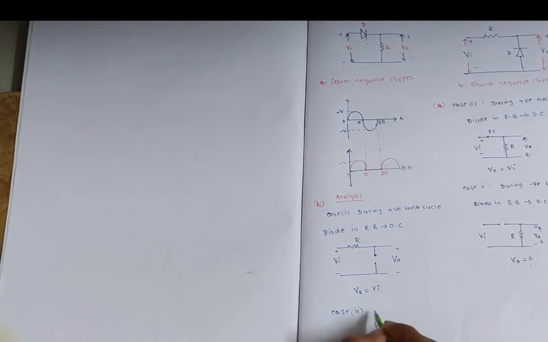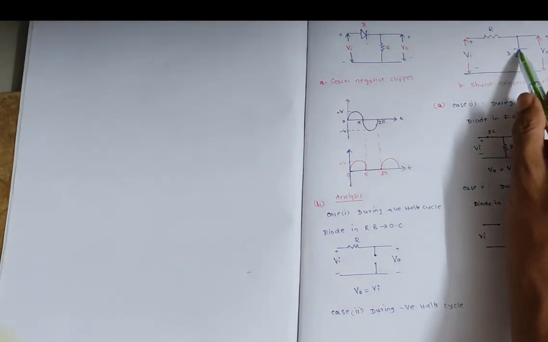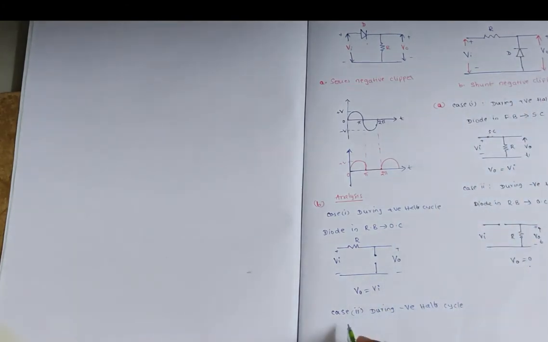In case 2, that means during the negative half cycle, we are applying the negative half cycle to the cathode terminal of the diode, and the diode becomes forward biased. The diode in forward bias acts as a short circuit.